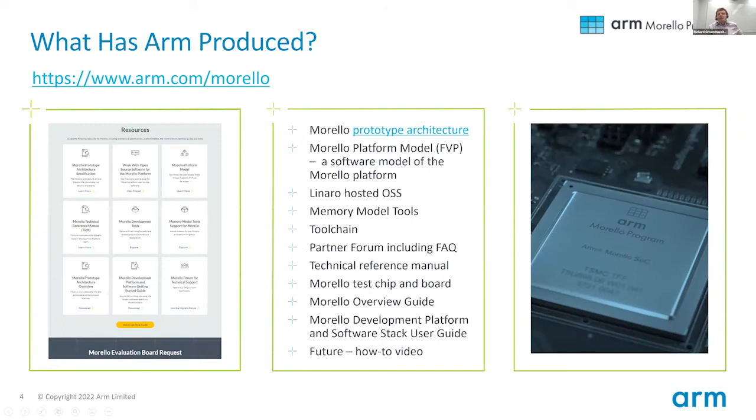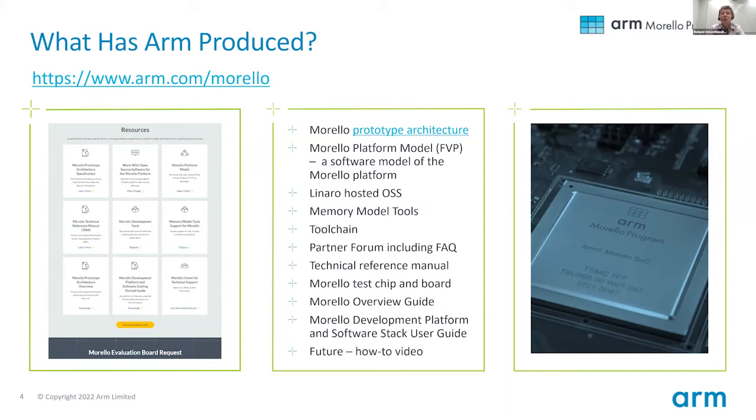So what have we produced? Some of the earlier talks have talked about this, and the website at the top there, arm.com/Morello, has links to all of this material. We have this prototype architecture. We have a software model of the Morello platform. We've got a form of the operating system out there.